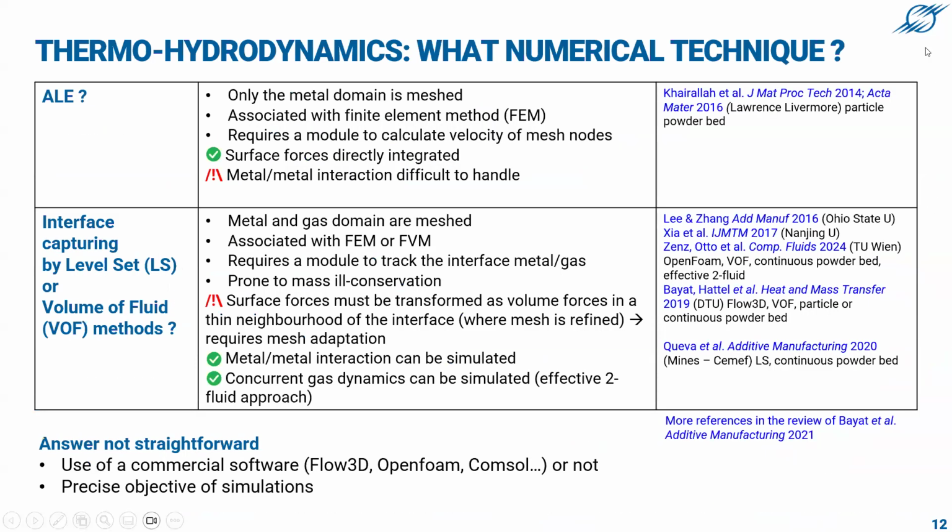And once you consider this, then you can think about different methods, ALE or interface capturing with level set or volume of fluids. And I have summarized the main features, advantages and drawbacks of the different methods. So I will not comment on that in full detail. On the right columns, I have given you some references that are significant in this domain.